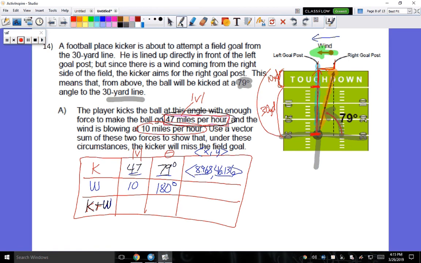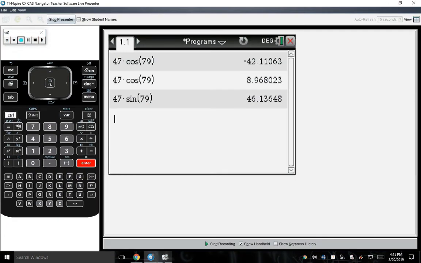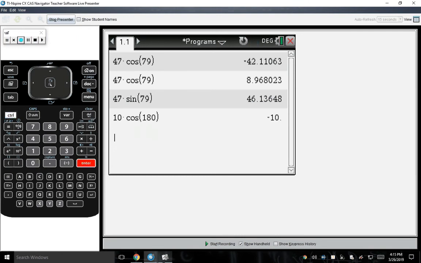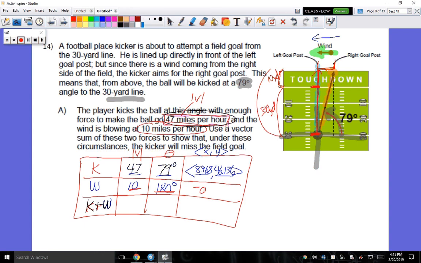Let's look at the wind's vector. We're going to do 10 times the cosine and 10 times the sine of 180. So we see 10 times the cosine of 180, 10 times the sine of 180, and we get negative 10, 0 for the wind's vector. Then, adding straight down the way we've done all unit with vector addition to get K plus W, the resultant vector, we add 8.968 with negative 10.